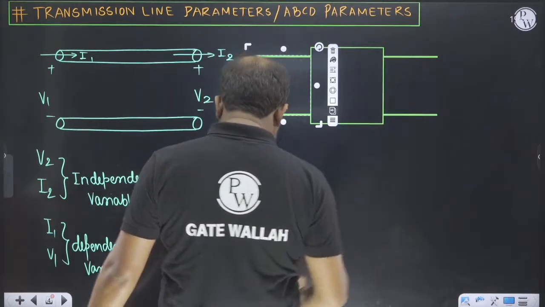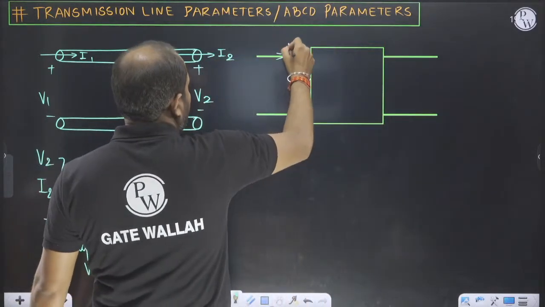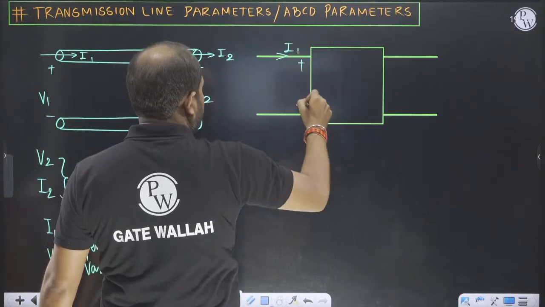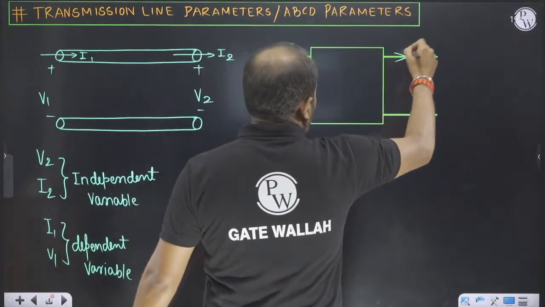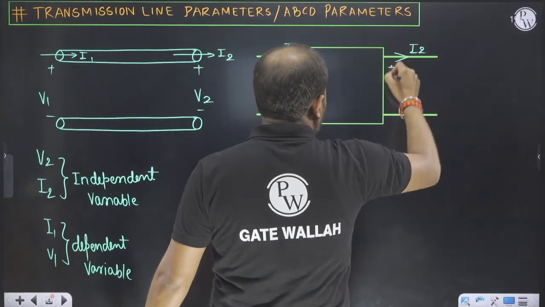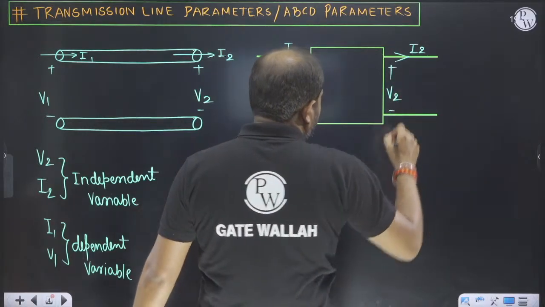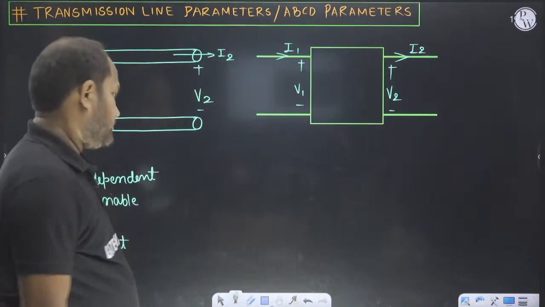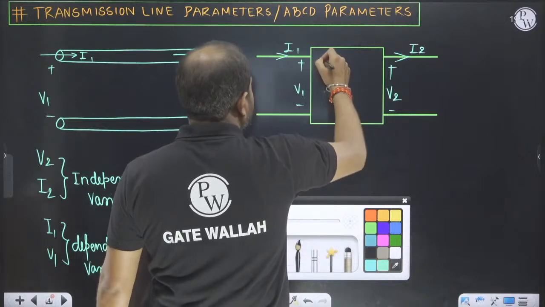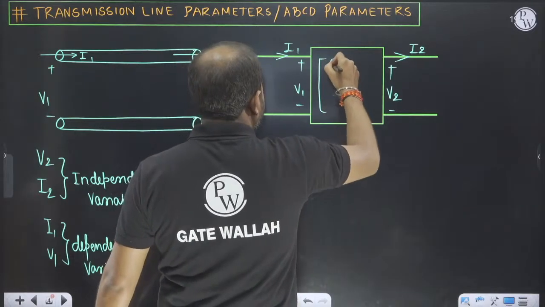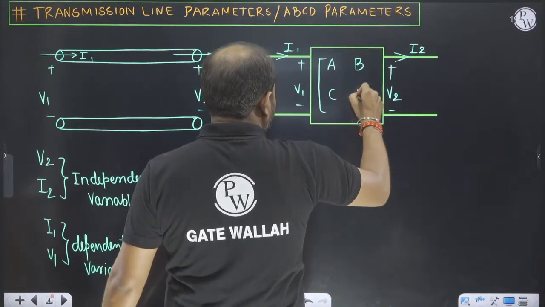So input current I1 and V1, and output current we take in outward direction, I2 and V2. And in this case, there is a parameter, the ABCD parameter.